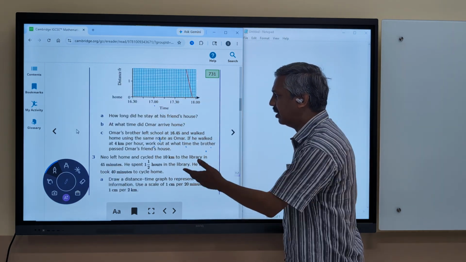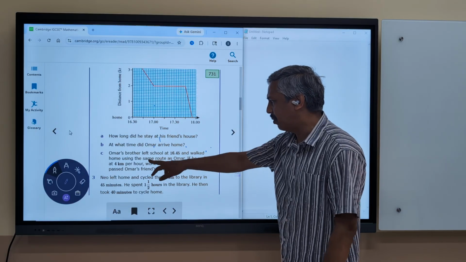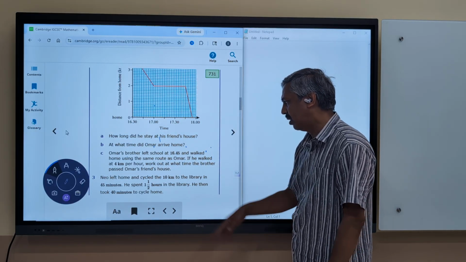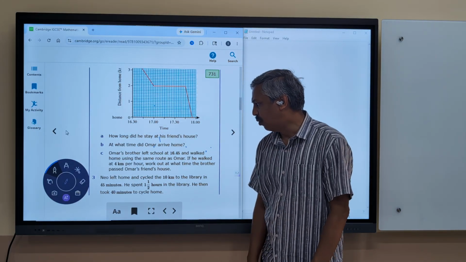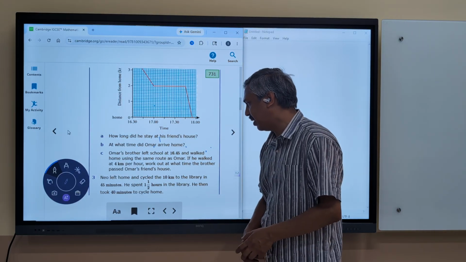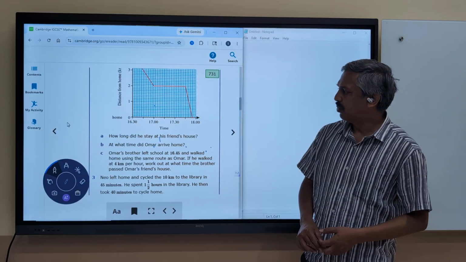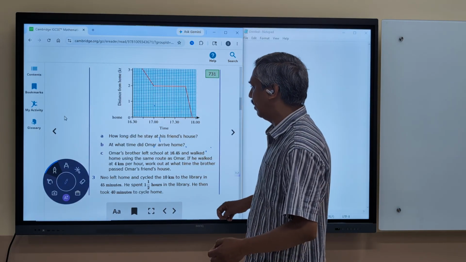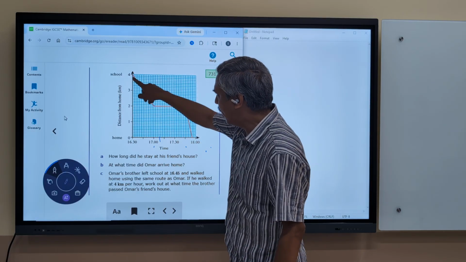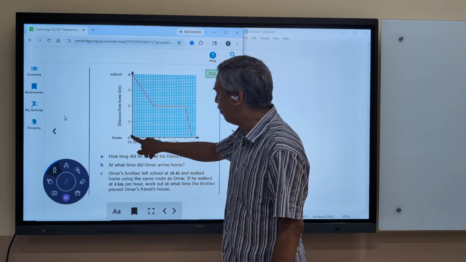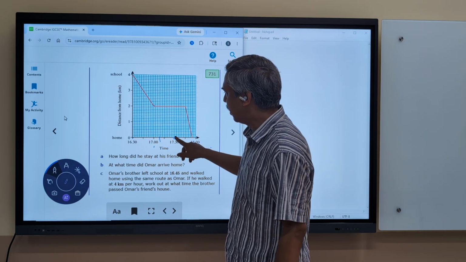It's very simple. Omar's brother left school at 16:45 and he walked home using the same route as Omar. If he walked at 4 km per hour, work out at what time the brother passed Omar's friend's house. So what you have to do is 4 km per hour. We are starting from here, and in 1 hour these 4 kilometers will be completely finished. So here, in 1 hour, the brother would reach home.